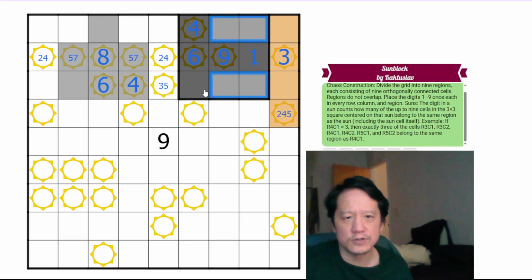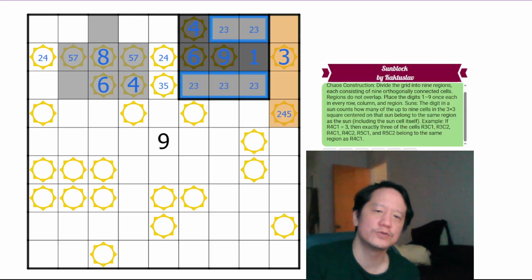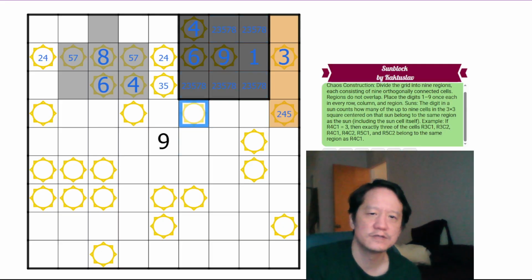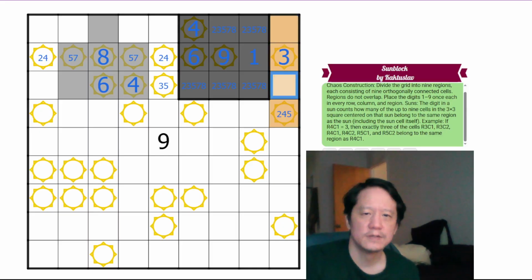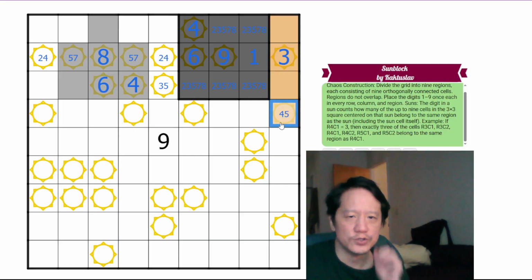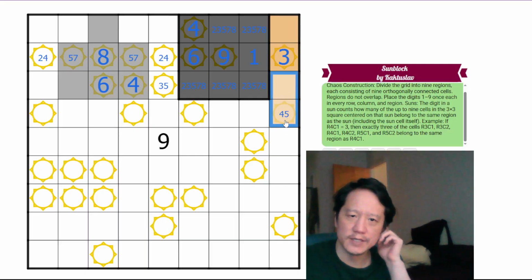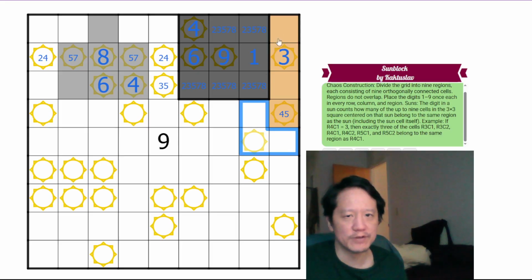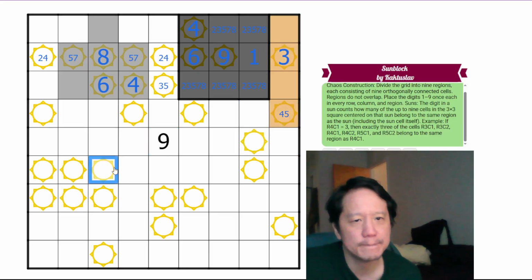Remaining digits in the dark region, we have 2, 3, 5, 7, 8. This can't be just 2, because if it's just 2, it just stops there. And then it can't be a full 9-cell region.